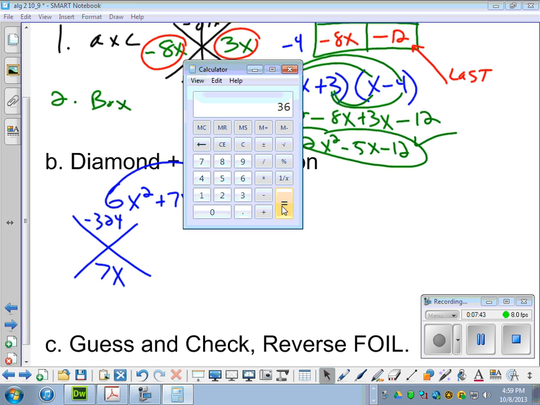I get 36. All right, getting closer. Let me try 18. 324 divided by 18. It's 18 times 18, so that's not going to work. How about 324 divided by 16? I don't get a whole number. 324 divided by 12. 12 and 27. I'm getting closer.